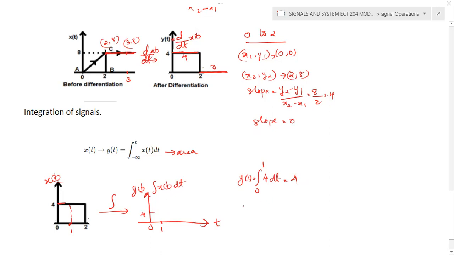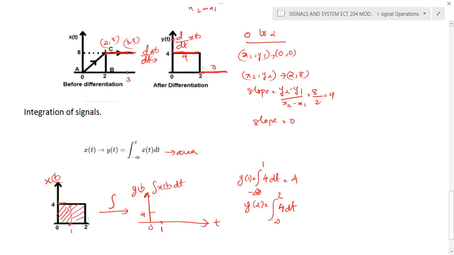Now if you move like this, if you want to find out the value at 2, you can see that the area of this particular waveform is 4 into 1, which is 4. And now we need to find the area of the signal from minus infinity to 2 of 4 dt, because the signal has non-zero magnitude only from 0, and we need to integrate from 0 to 2.